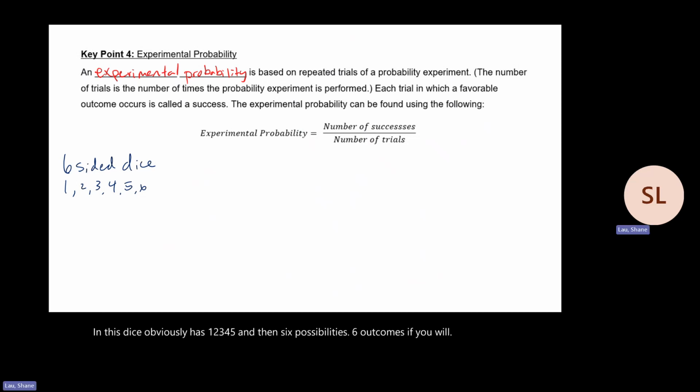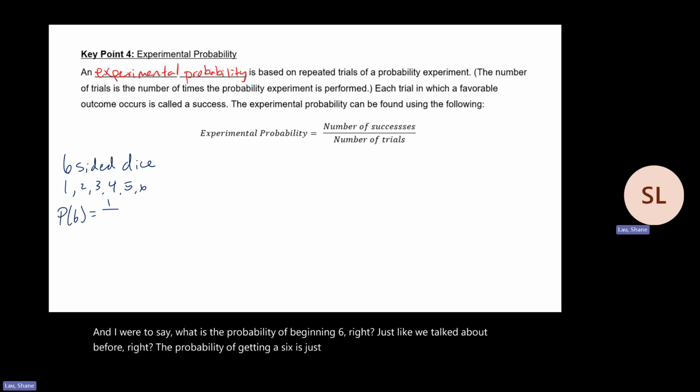And I were to say, what is the probability of me getting 6? Well, just like we talked about before, the probability of getting a 6 is just one favorable outcome over the number of possibilities, which is 6.